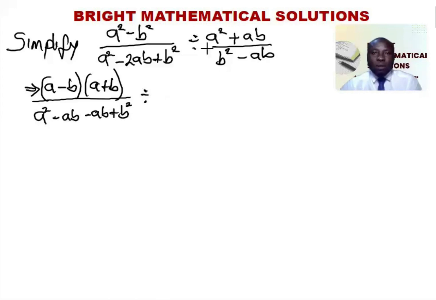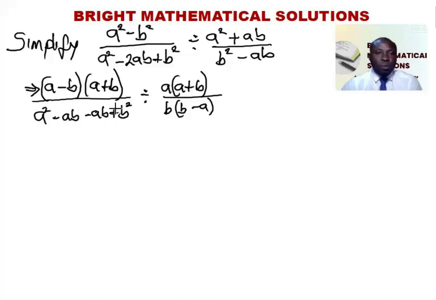Now let us factor out this one as well. This will become a into brackets a plus b over, let us factor out b here, that is b into brackets b minus a.